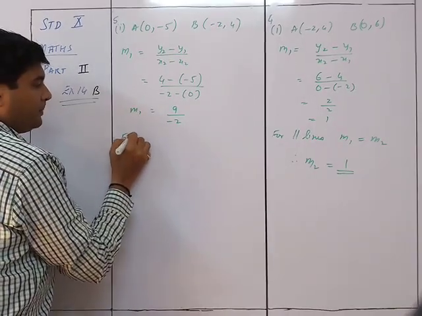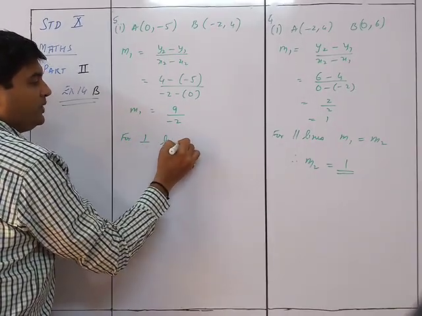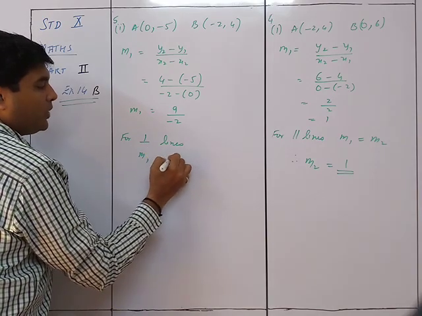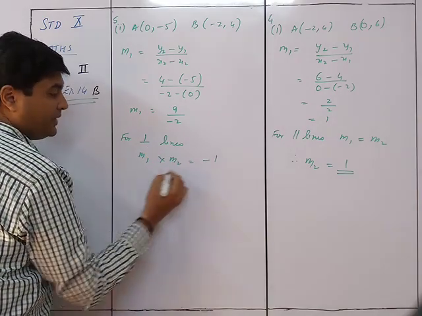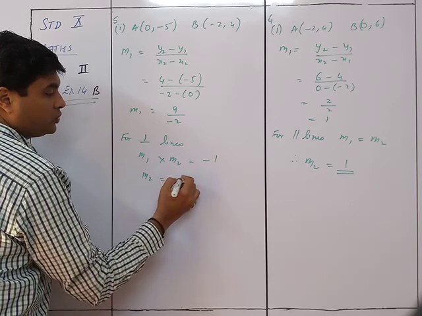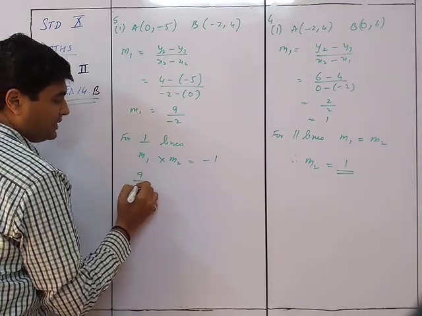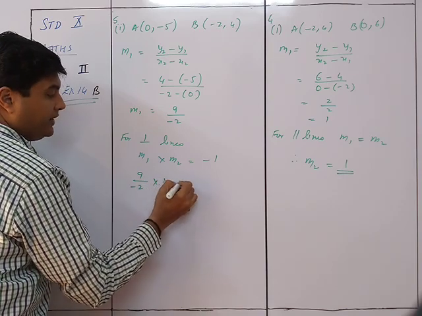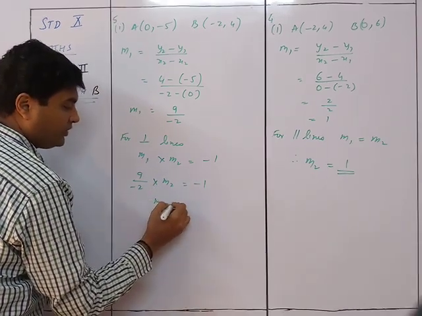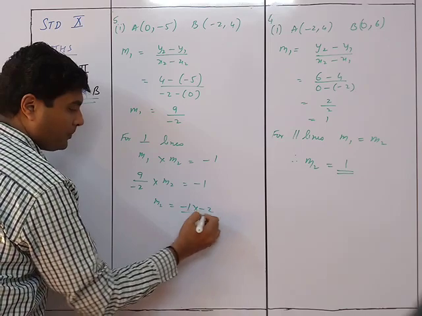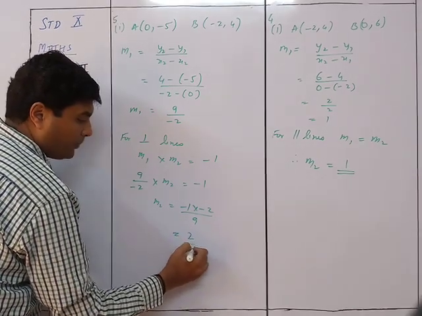Now for perpendicular lines, we know that m1 into m2 is equal to minus 1. So 9 upon minus 2 into m2 is equal to minus 1. So m2 is equal to minus 1 into minus 2 upon 9, is equal to 2 upon 9.